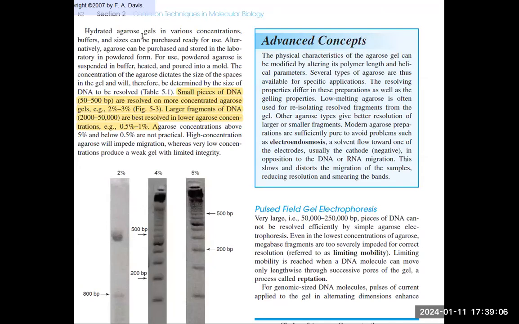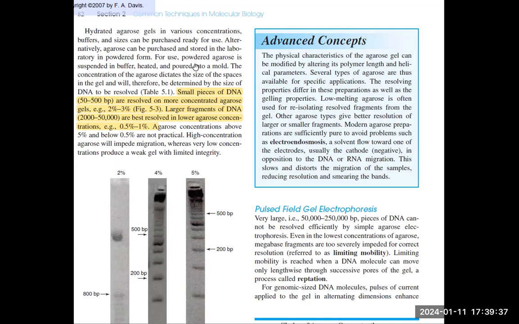Hydrated agarose gels in various concentrations, buffers, and sizes can be purchased. So we have precast gels, like ready-made. We can buy them, but it's easy to produce this in the lab. Basically, just like your culture media for bacteriology, where you're using powdered agars like MHA and chocolate agar, powdered agarose is suspended in buffer.